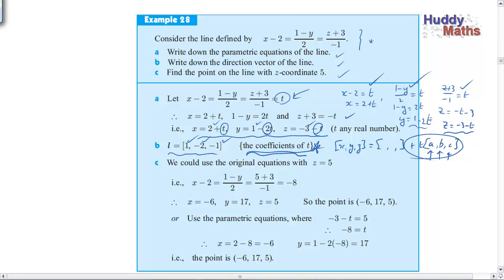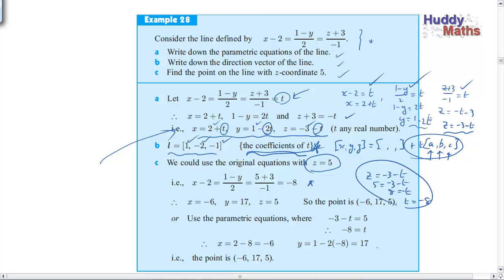Now, find the point on the line with z coordinate 5. Okay, so we could use that, and I wouldn't go back to here. We've got the parametric equations, so say z equals neg 3 take t, and we want that to equal 5. So that defines our neg t, that defines our t value.